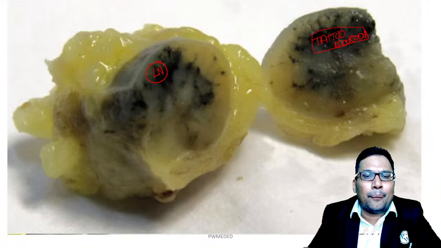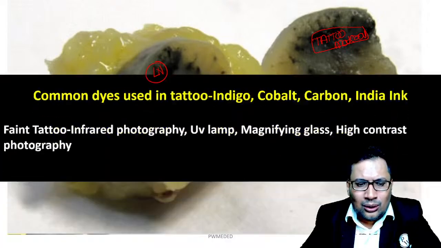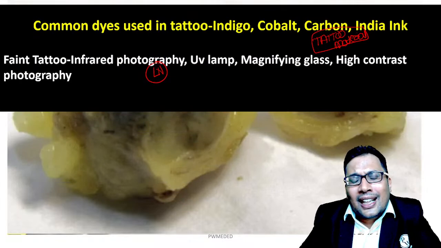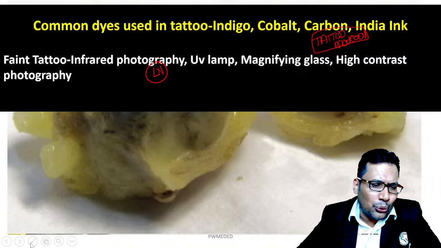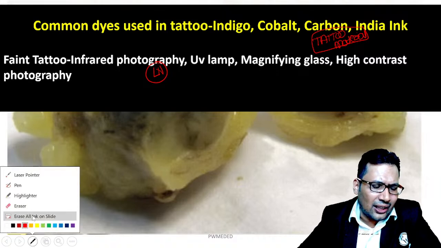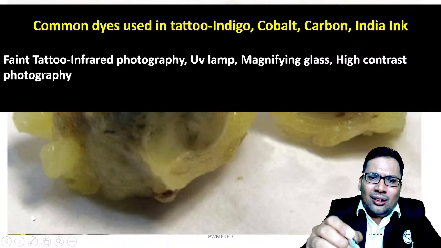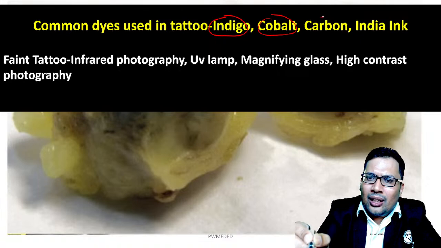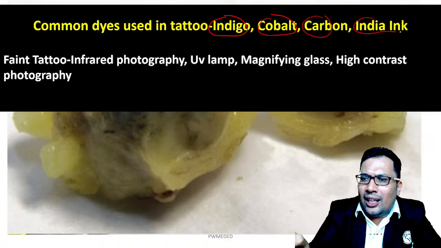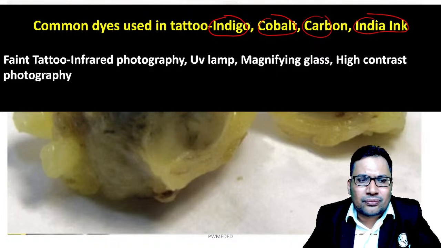There are some questions that can be asked about the tattoo. What are the common dyes used in tattoo? Again, it's an information-based, fact-based question. Indigo, cobalt, carbon, India ink, all these can be used in tattoo preparation.